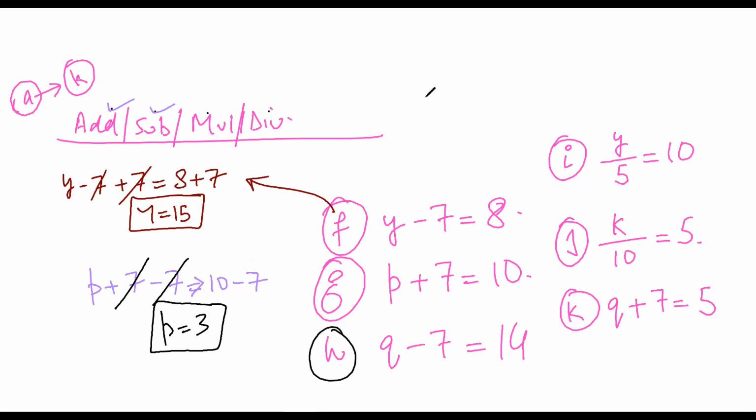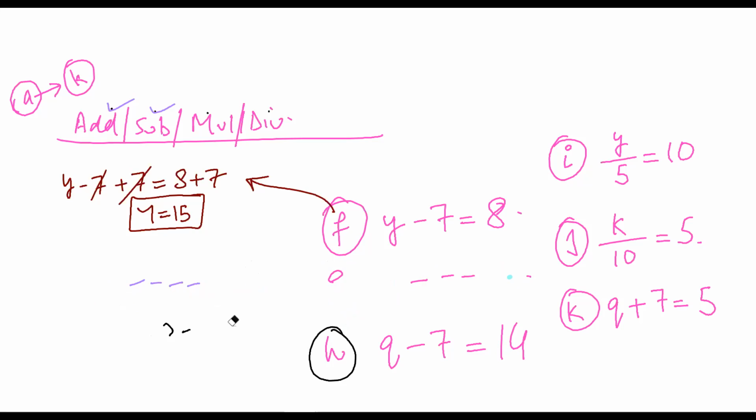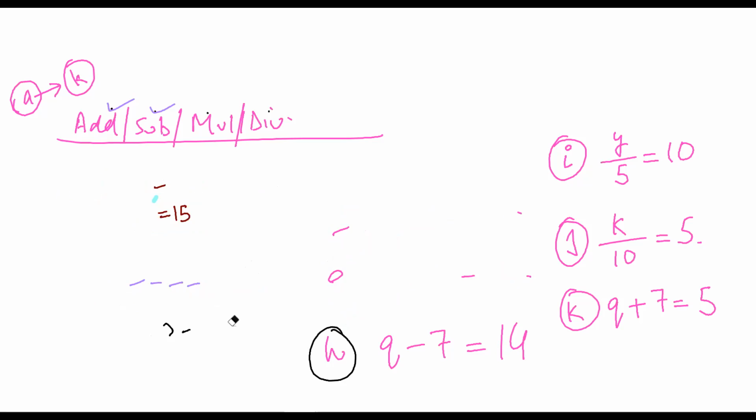Mr. Sarthak, in H part, what should I do? 7 and 7 we'll add on both sides. Shabash, very nice. So in this case, I should be adding 7 on both sides.